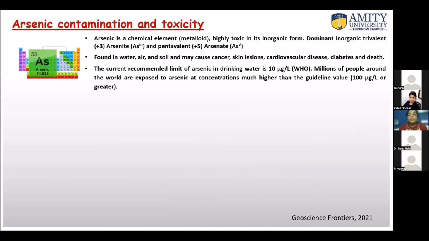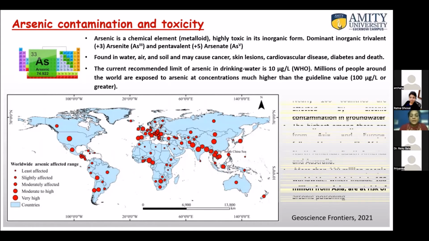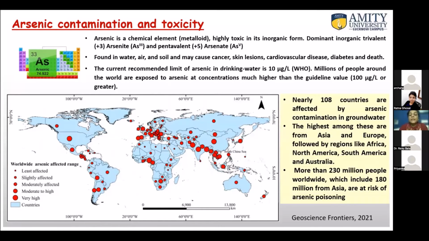But millions of people around the world are exposed to arsenic at a concentration much higher than the guideline value. Okay, so this is a recent report in Geoscience Frontiers. They have shown how the world is affected with arsenic. They have reported 108 countries affected by arsenic contamination in groundwater, and highest among them are Asia, Europe, followed by regions like Africa, North America, South America, and Australia.